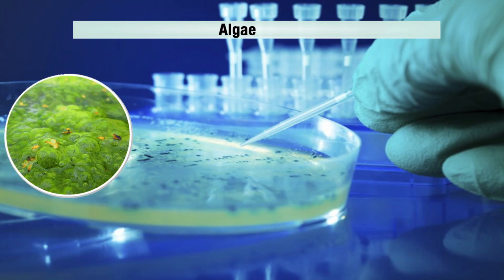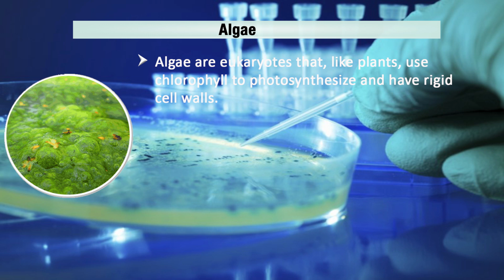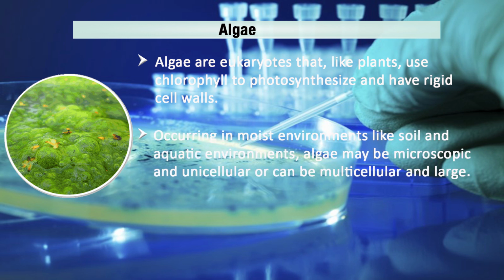Moving on to the algae, they are eukaryotes that, like plants, use chlorophyll to photosynthesize and have rigid cell walls. Occurring in moist environments like soil and aquatic environments, algae may be microscopic and unicellular or can be multicellular and large.